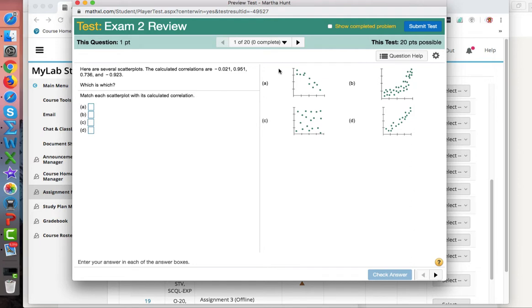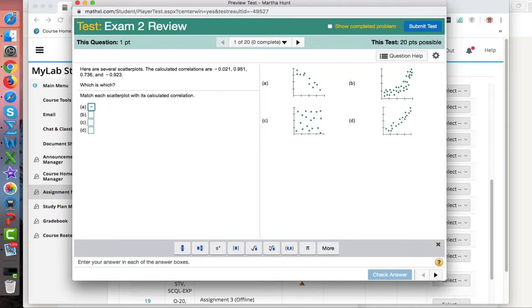So for the strong negative, I am going to pick a negative 0.923. For the moderate positive, I am going to pick 0.736.